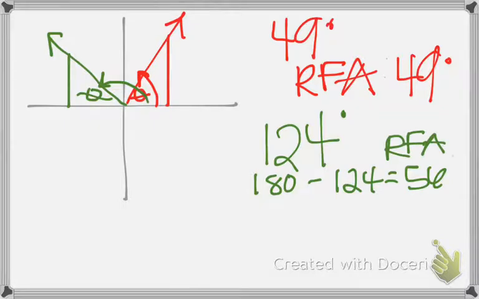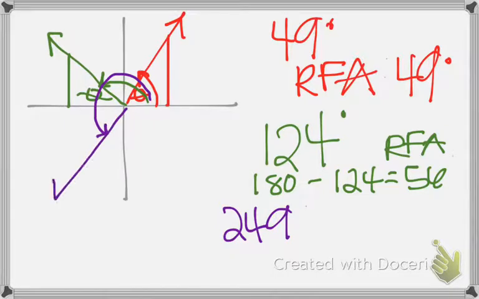Okay, these bottom two quadrants is where it gets a little bit more confusing. So let's say we have 249 degrees. So 249 degrees, that's going to be about right there. Draw that down. It's this angle right there.